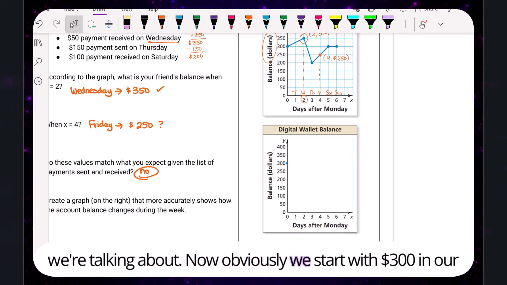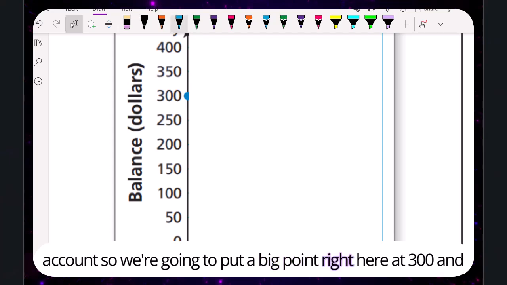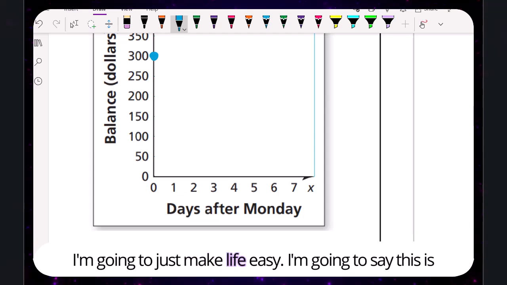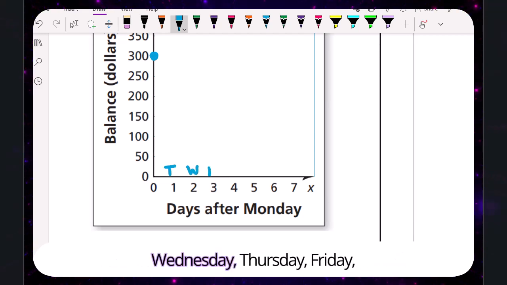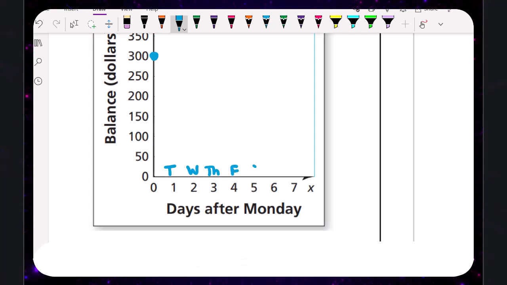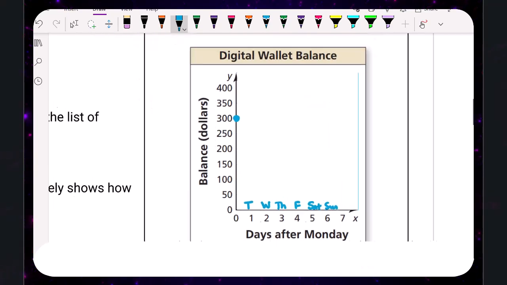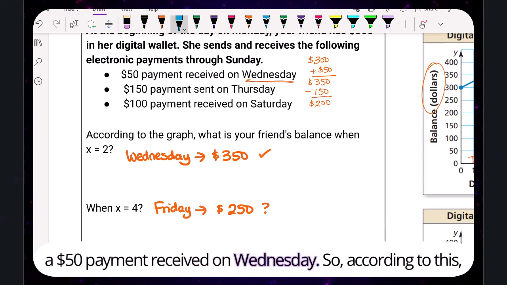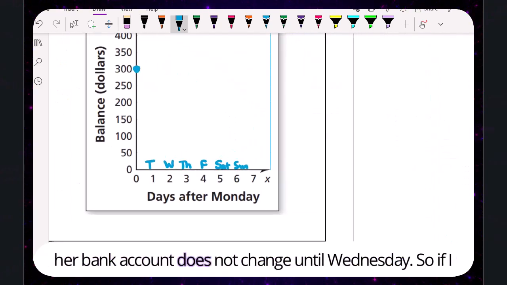Let me show you what we're talking about. Obviously, we start with $300 in our account, so we're going to put a big point right here at 300. I'm going to make life easy and say this is Tuesday, Wednesday, Thursday, Friday, Saturday, and then Sunday. There's a $50 payment received on Wednesday, so according to this, her bank account does not change until Wednesday.